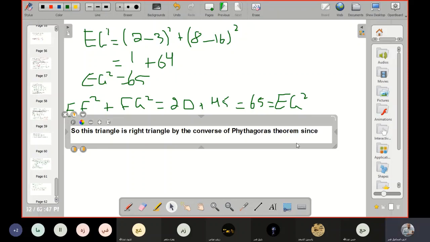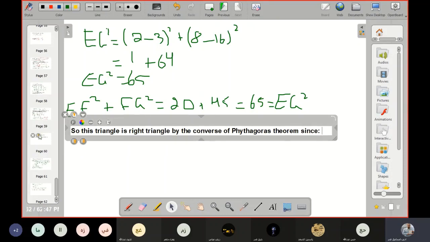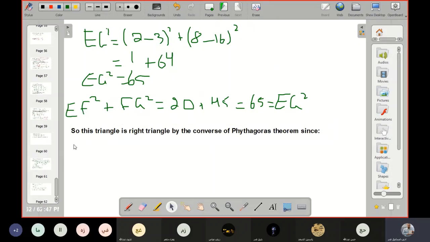Since EF squared plus FG squared is equal to EG squared. We don't need to repeat the reason because we said it above. This is exactly how you identify or specify the nature of the triangle. Okay?